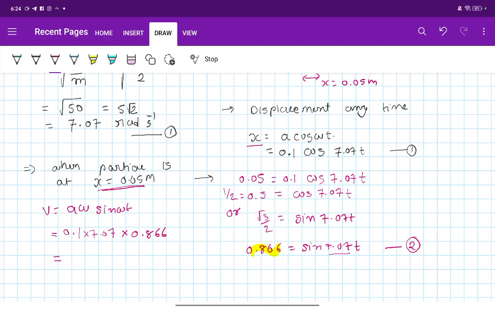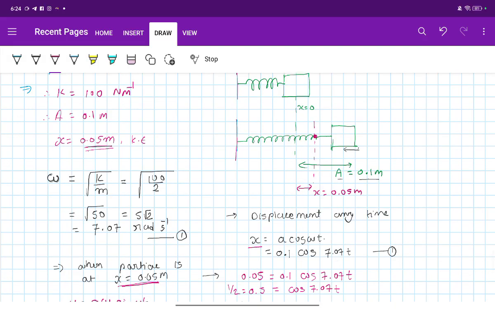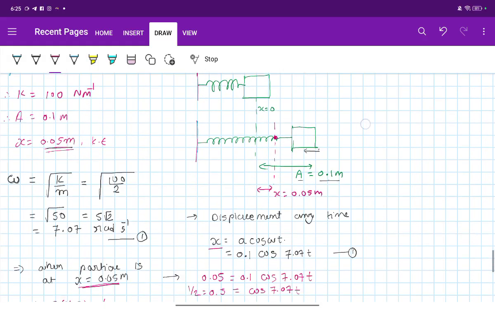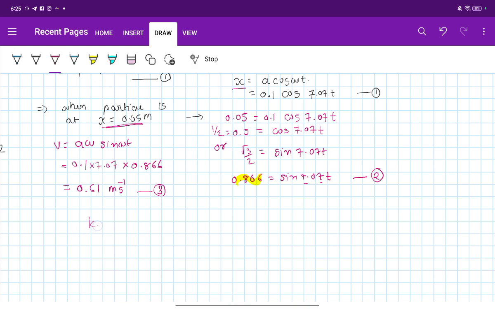So from here, if you calculate these values, you'll end up with 0.61 meter per second. That is what we need for the kinetic energy expression. Kinetic energy is half mv square, so half multiplied by mass 2 and v square, that is 0.61 square. That is basically 0.37. That is our answer.